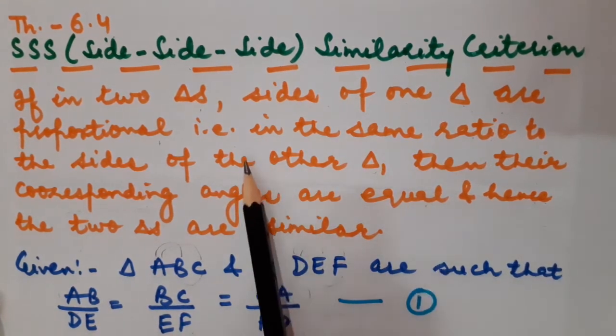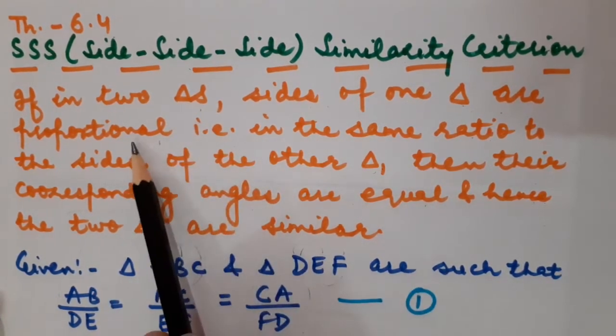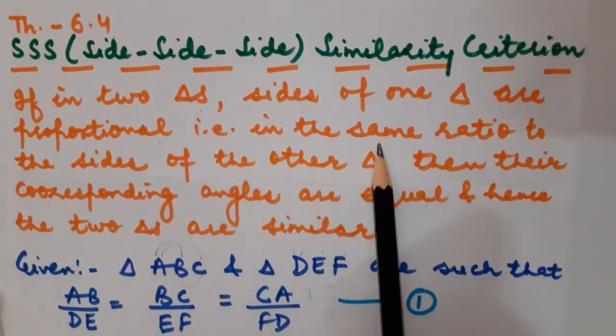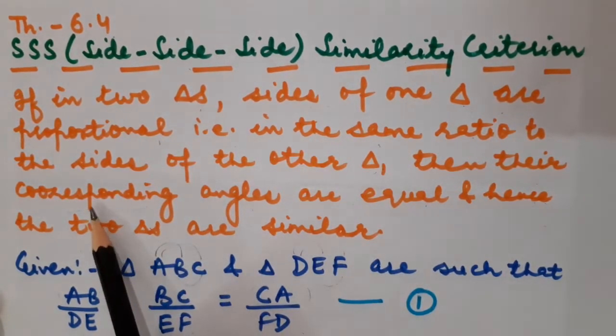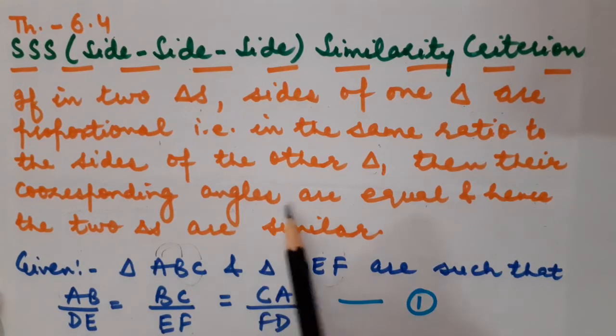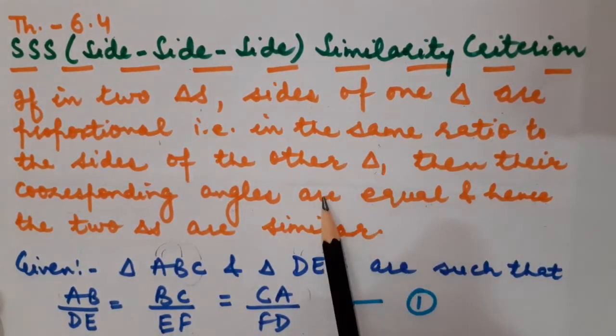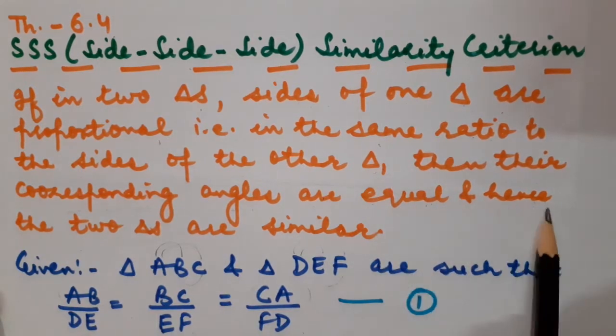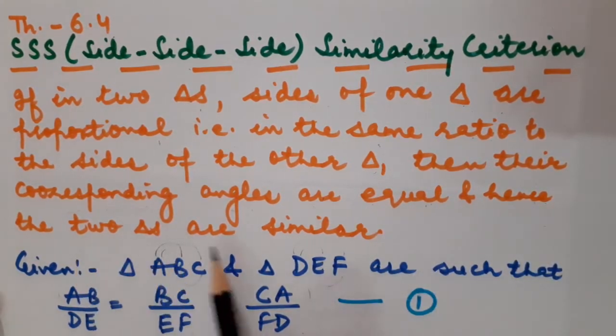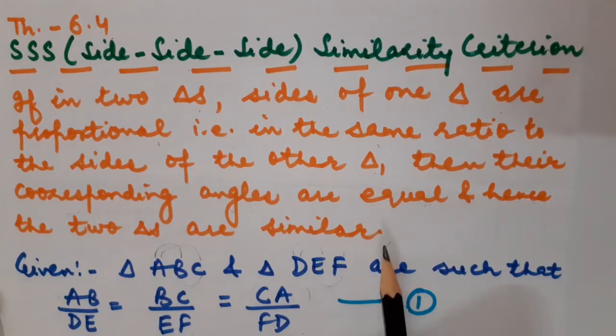So here what is the condition given? That the corresponding sides are in the same ratio. And what we proved is that the corresponding angles are equal. So again both the conditions are satisfied. So what can we say? That both the triangles are called similar. Got it, children?